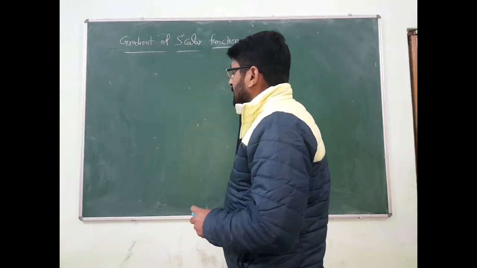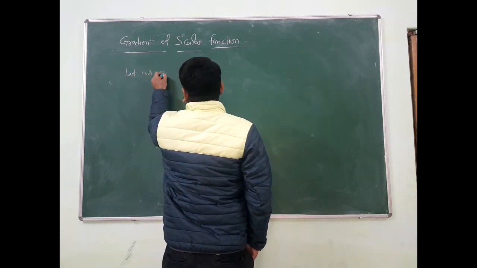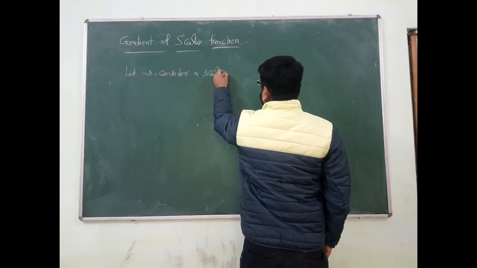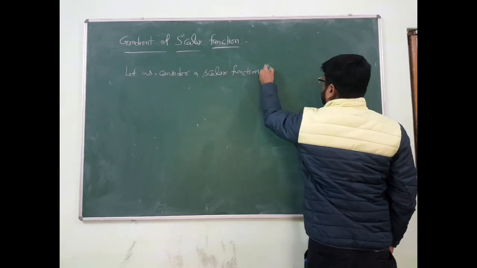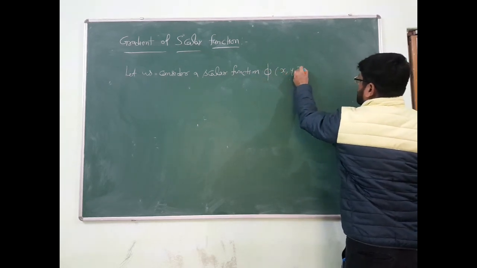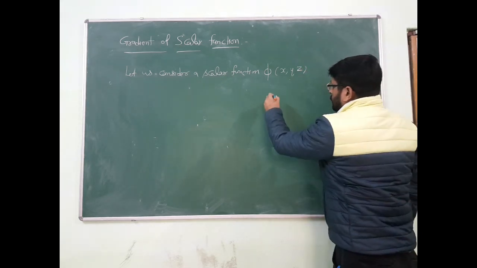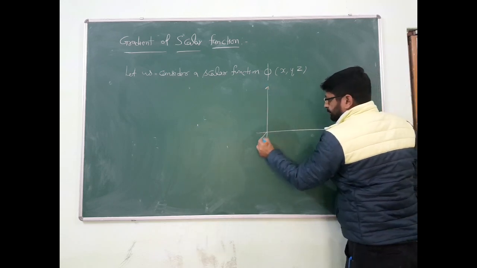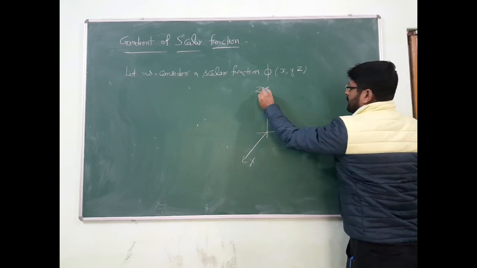So first of all, consider a scalar function. Let us consider a scalar function phi, which is a function of space coordinates x, y and z, and this is our coordinate system, say x, y and z.